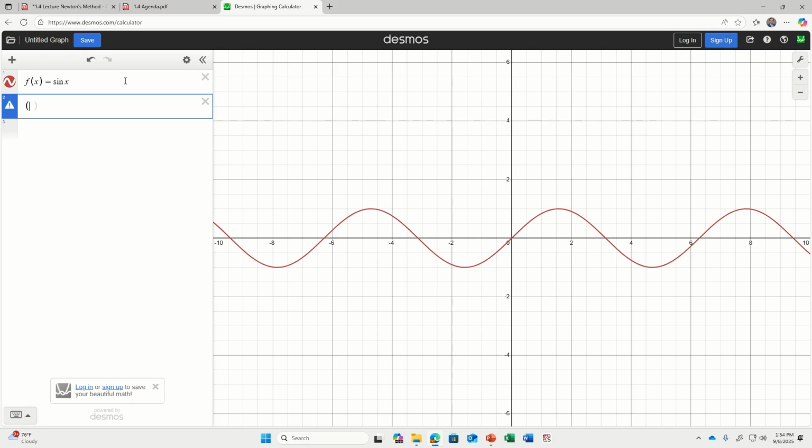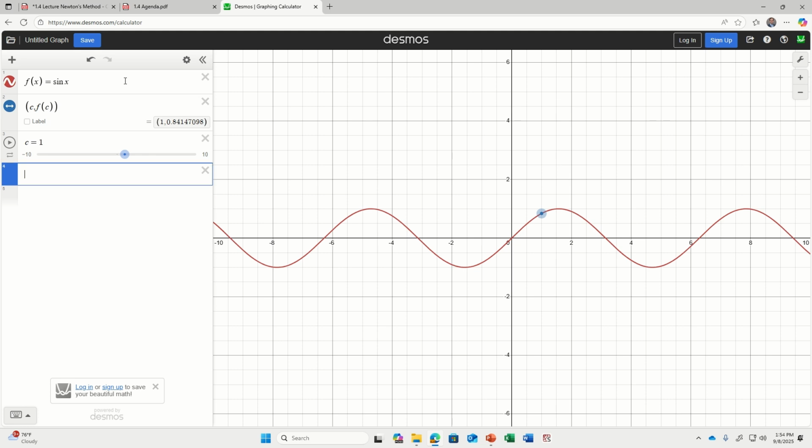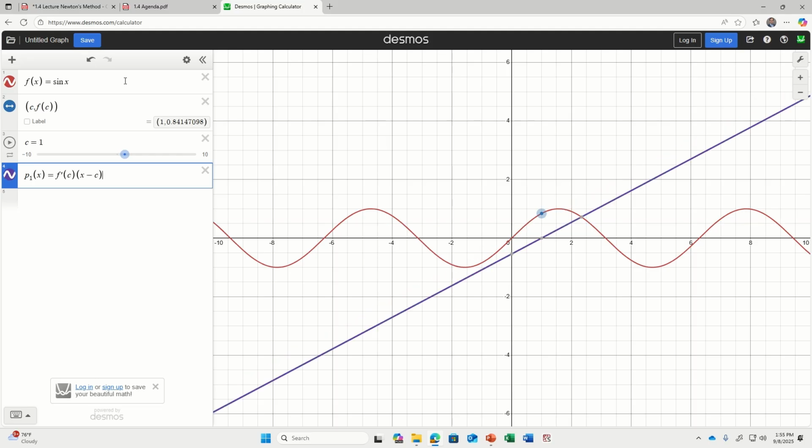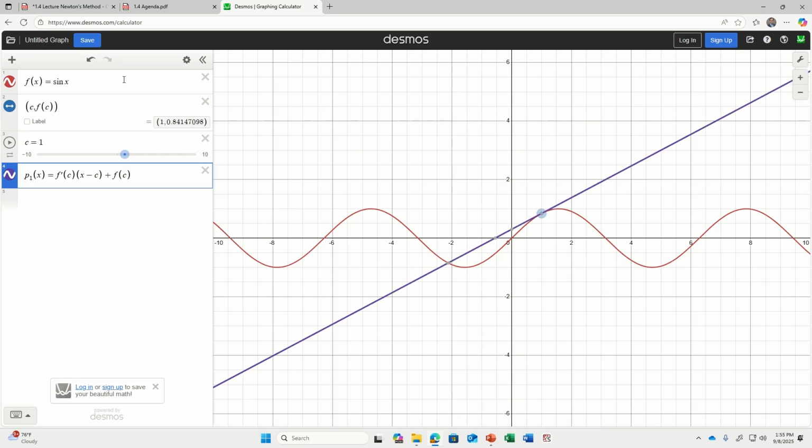So let's put that in there. y is equal to, or we can call it P1 of x is equal to, what did I just say? f prime of c times x minus c plus f of c.